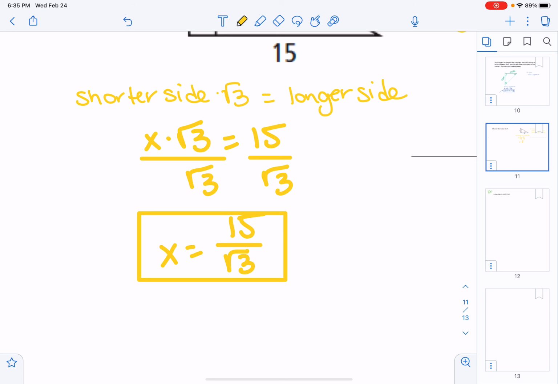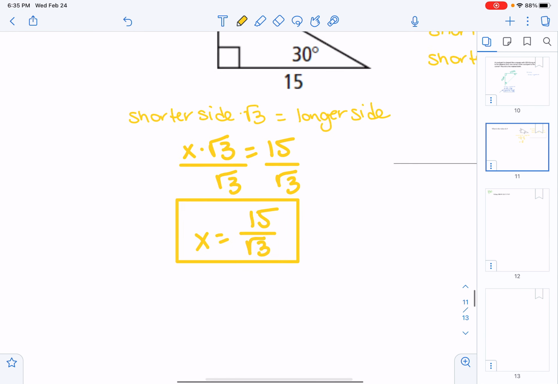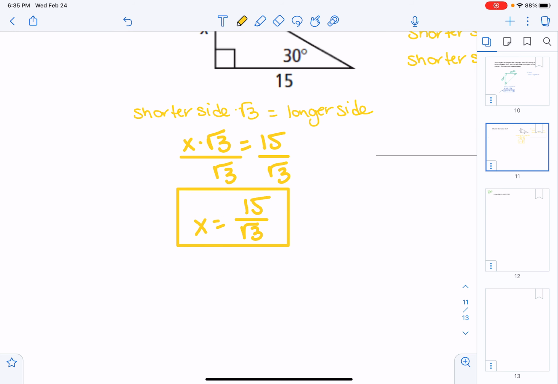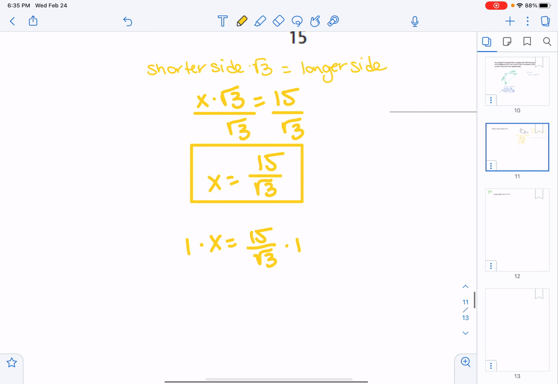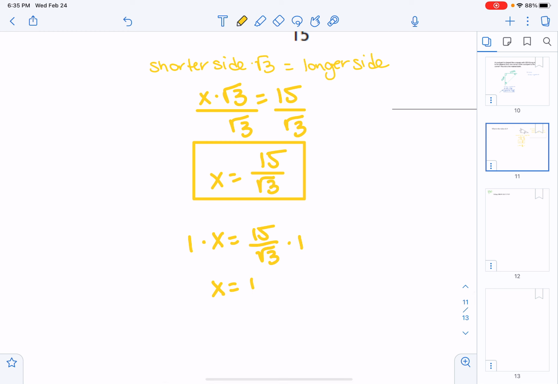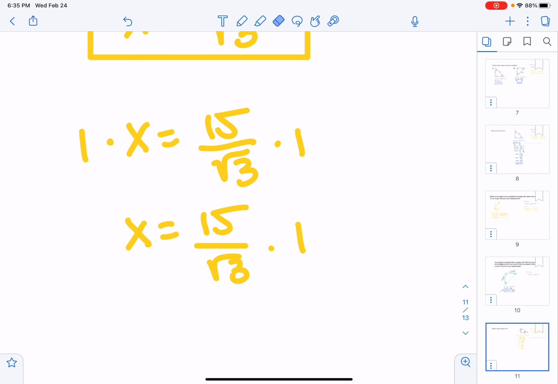If you want to really prep for the ACT, remember ACT does not like a square root in the bottom. So you can multiply each side by 1. That would give you x equals 15 over the square root of 3 times 1. And 1 is the same thing as the square root of 3 over the square root of 3.